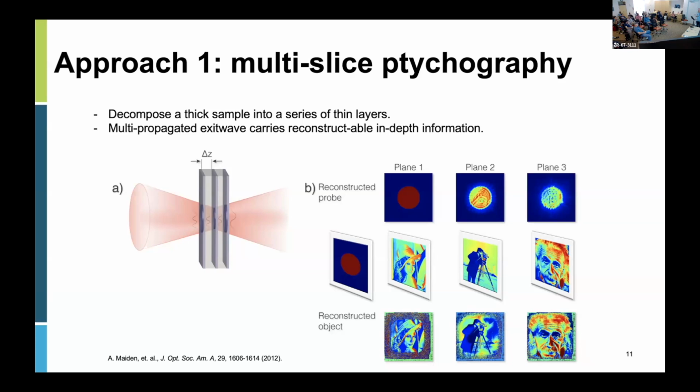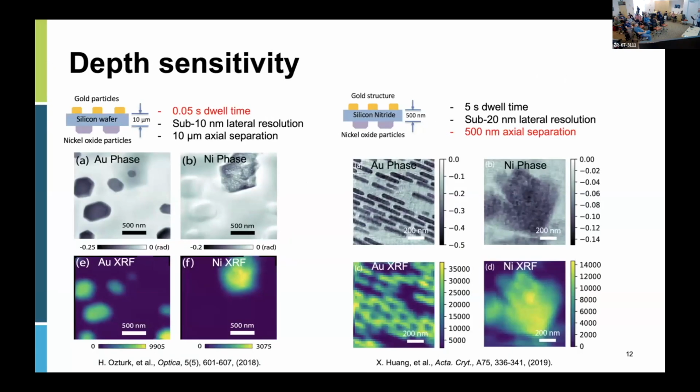And then there will be a free space propagation between layers. If we model the interaction this way, the X-ray wavefront will capture all the information on every slice, and then that information can be used to reconstruct the features at each depth. So this idea was first demonstrated in the visible light regime. We applied this idea to the X-ray regime.